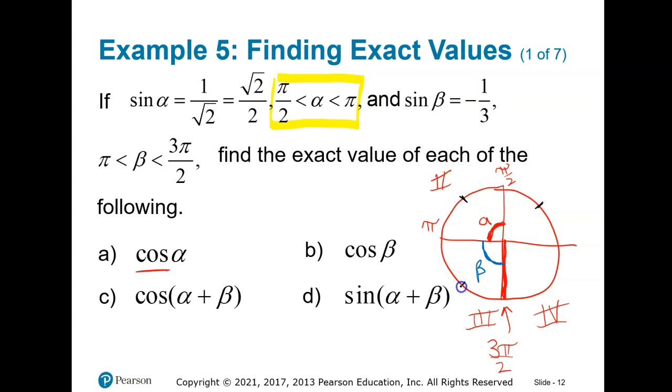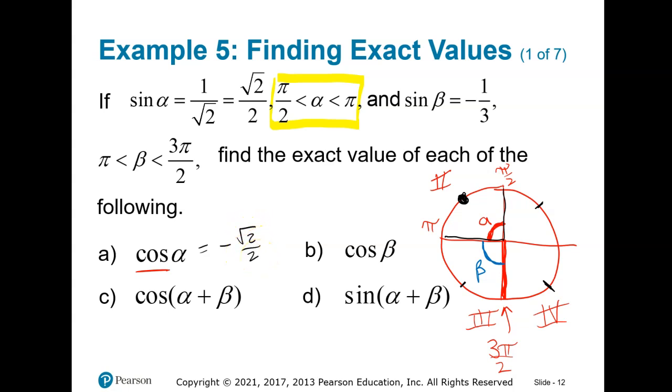That's where we find sine and cosine being the square root of 2 over 2. So we know we're going to be at the 45 degree in the second quadrant, so the 135 degrees, or again, 3 pi over 4 radians. So cosine is going to be, because again in quadrant 2, cosine is negative. That's going to be negative square root of 2 over 2.